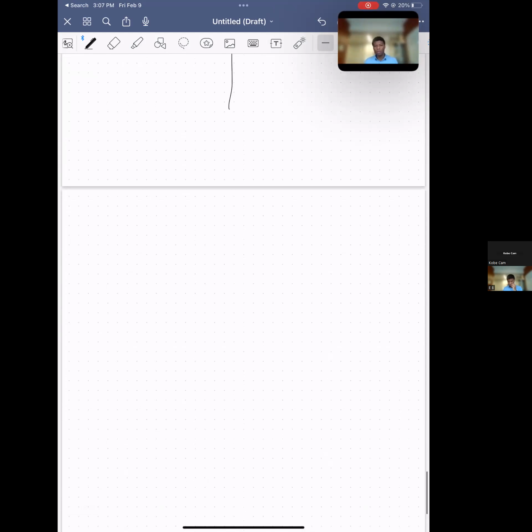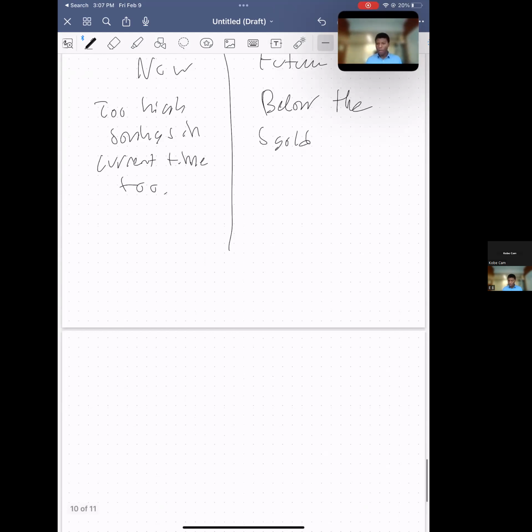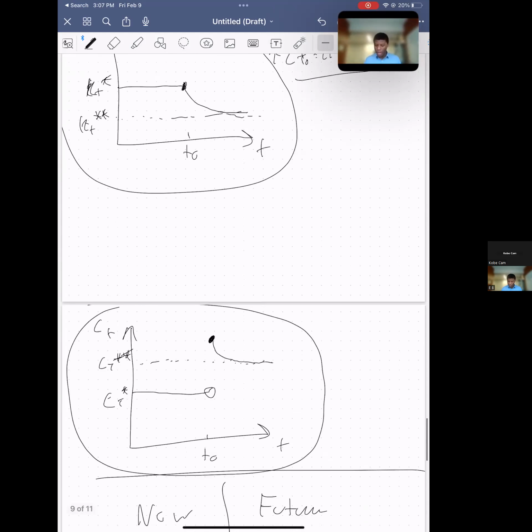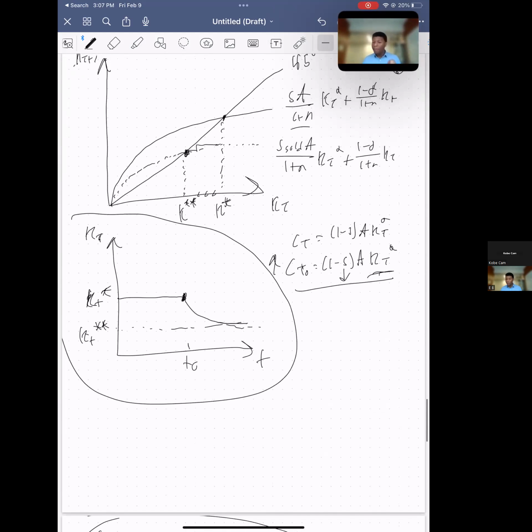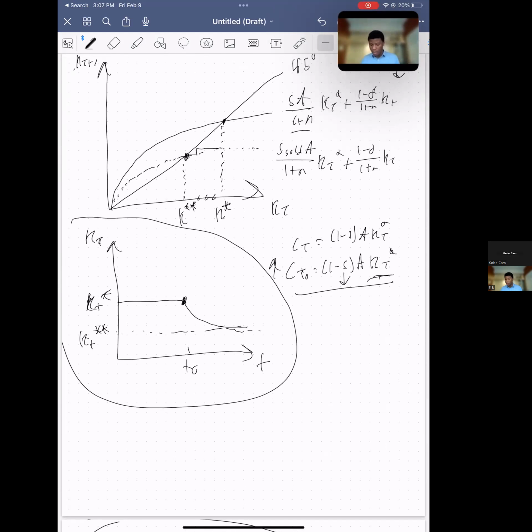So right now, if we have a small s, if we're looking at our equation here, at time t0, small values of s mean a greater ct. So as s increases, consumption goes down at time t0. Right now, if you save more right now, then you consume less.